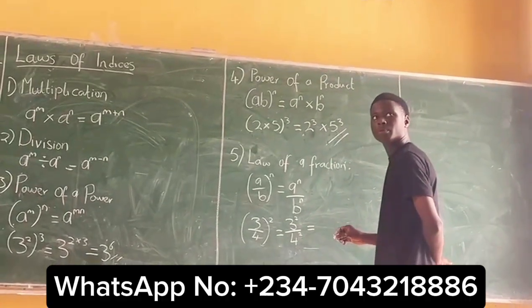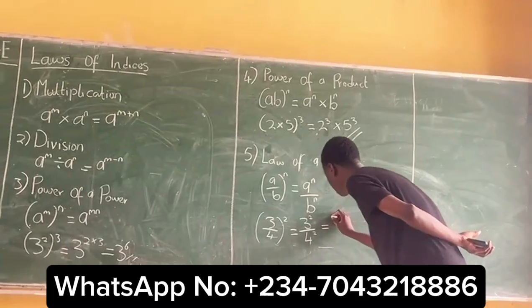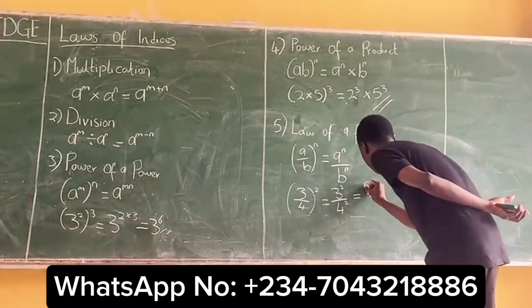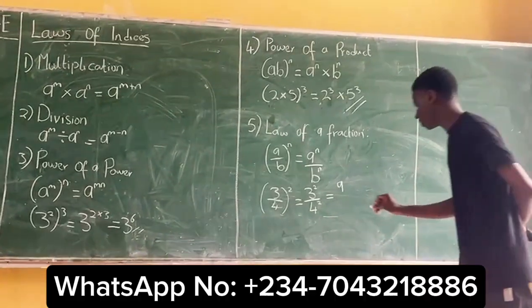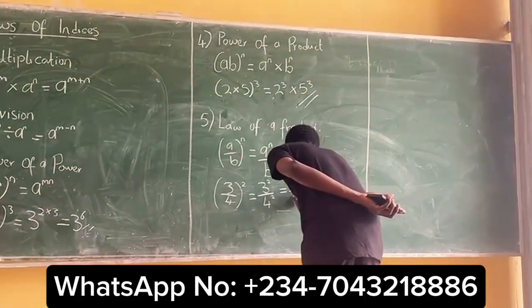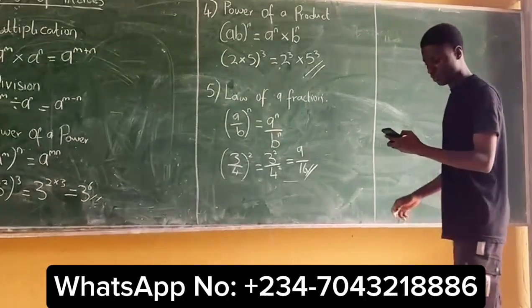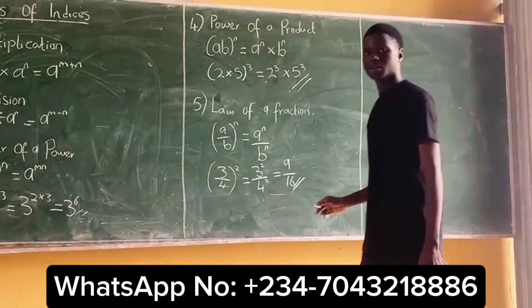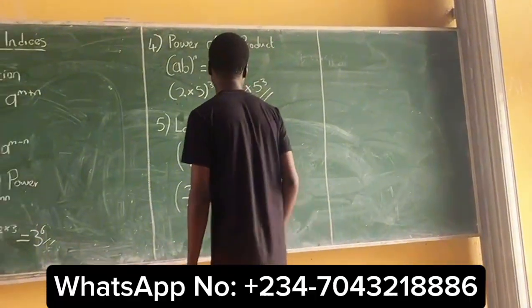And then we solve this. 3 to the power of 2 is 9, and 4 to the power of 2 is 16. So we have 9 over 16. This is our answer.